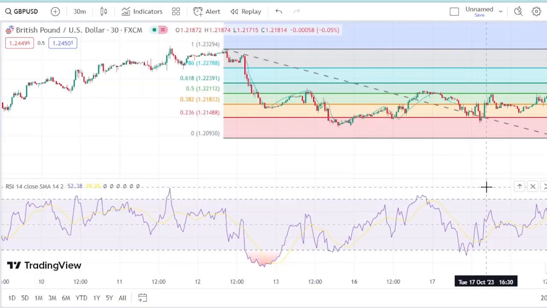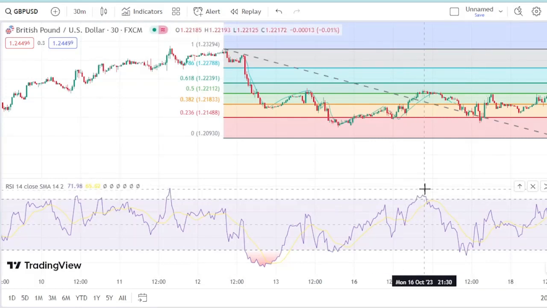So since I'm a day trader, I'll be looking for sells during that day, after the effect of the CPI news release.